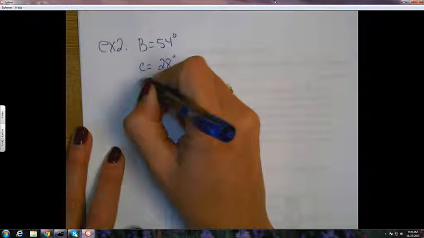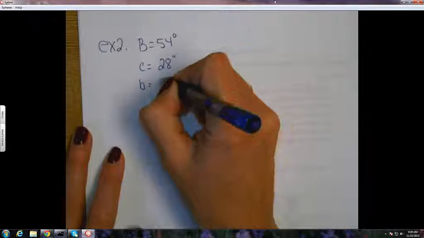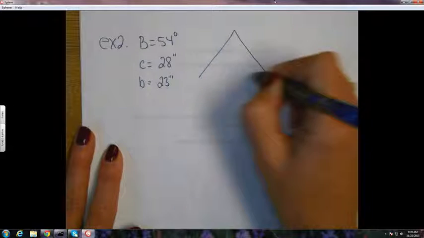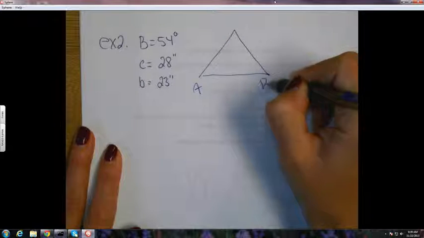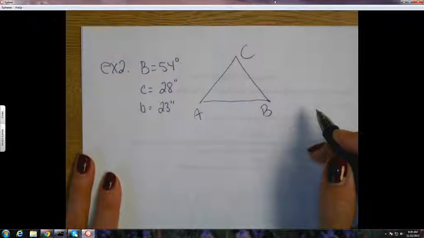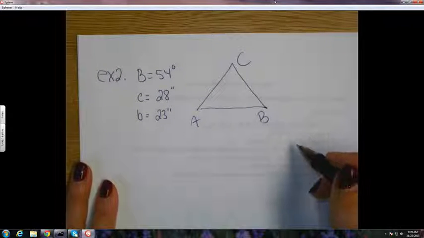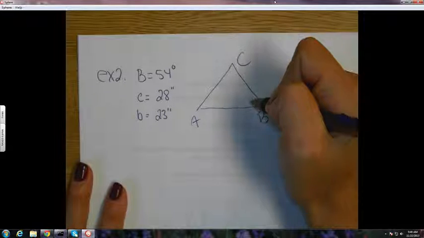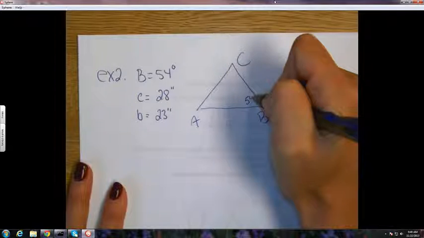Little b is 23 inches. It doesn't matter where you start your A, B, and C. Just label everything correctly. So go ahead and label. Make sure you're doing things correctly. Don't just copy. It helps to practice on your own.